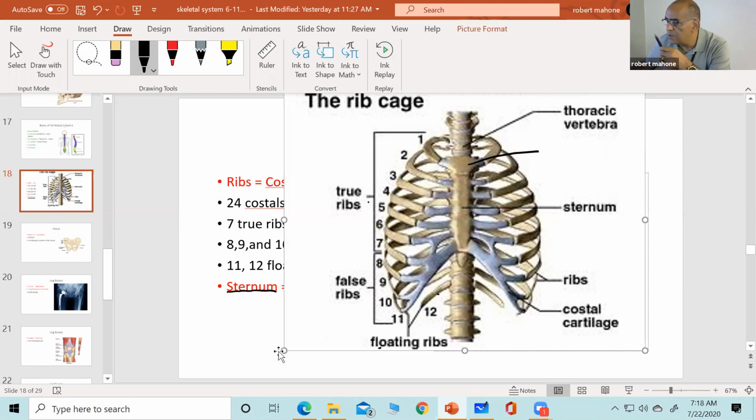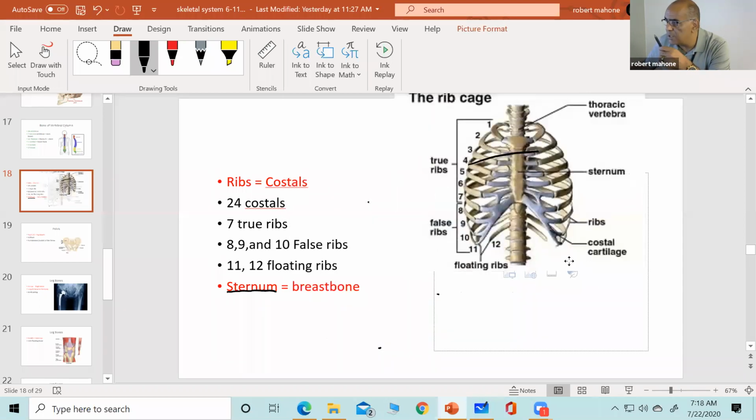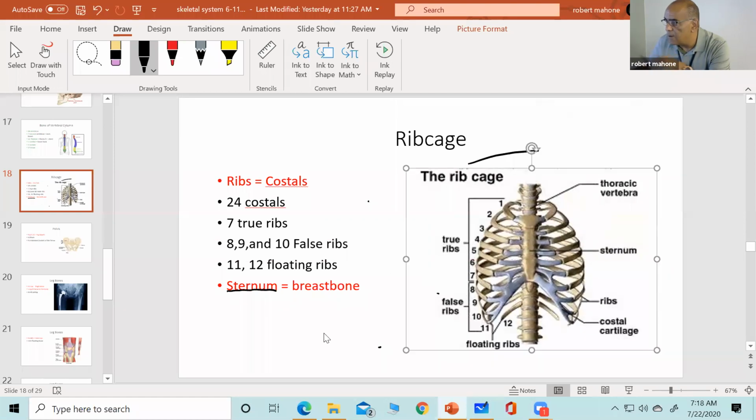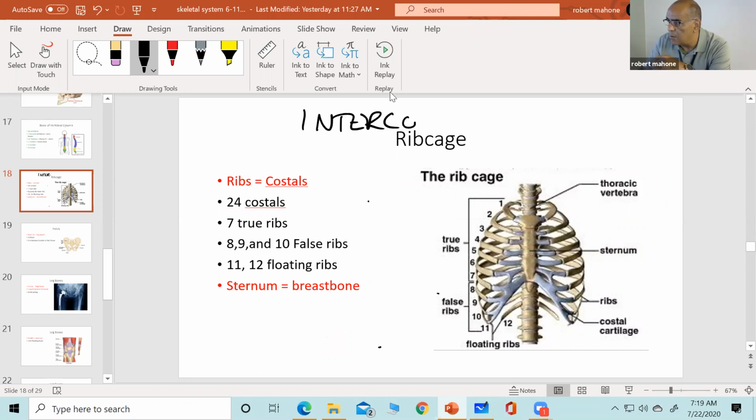All right, so from this slide, take away those two ribs. Ribs are also known as costals, as in the phrase intercostal. Does anybody know what that means? You remember your prefixes? What does inter mean?